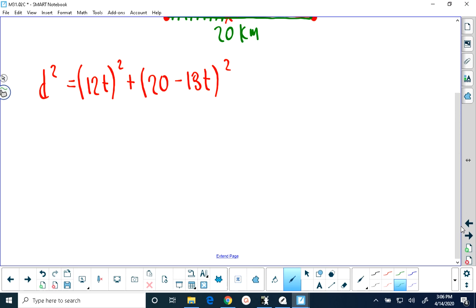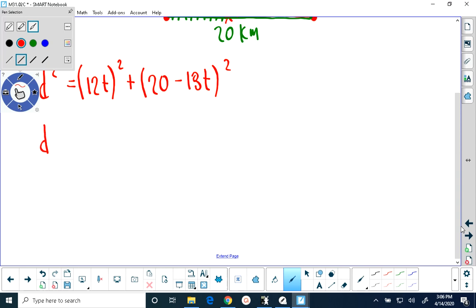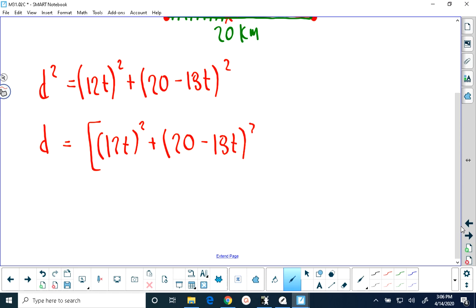If you wanted to, and I don't think you want to, so I wouldn't write this down if you're writing all of this in your note package, what you could do is say that since I want to minimize d, I need to take (12t) squared plus (20 minus 18t) squared and square root it to get d. Here's the difficulty with that though. If you now differentiate this, you are going to have a mess to work with.